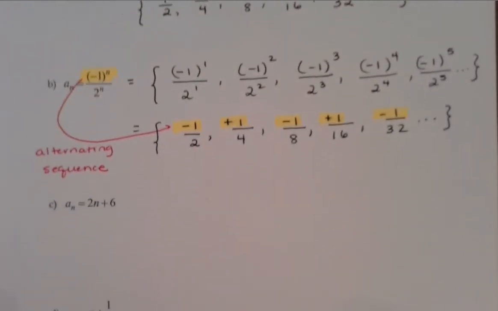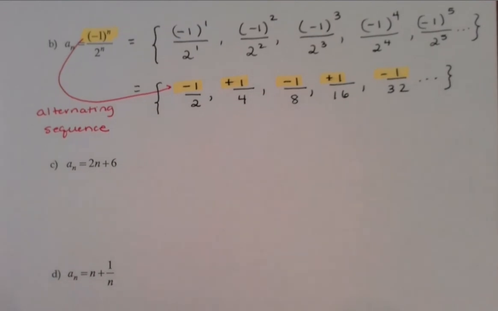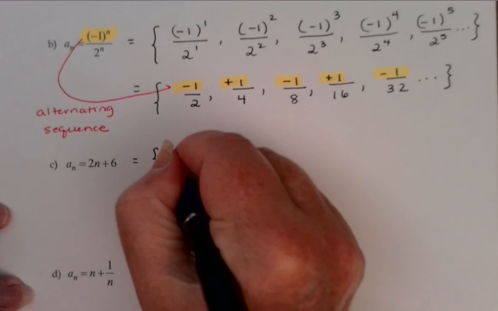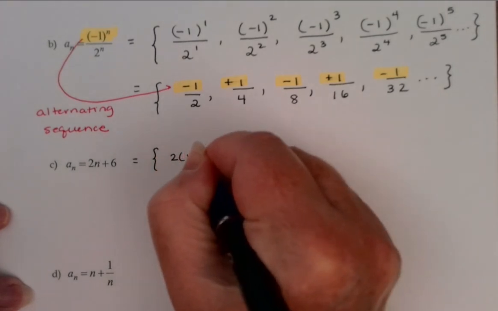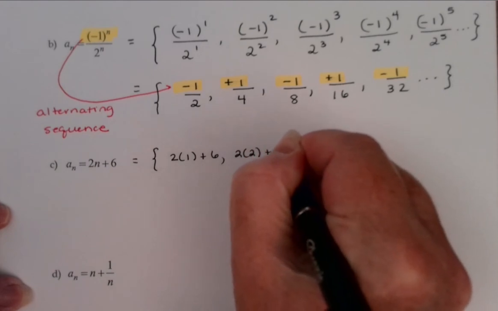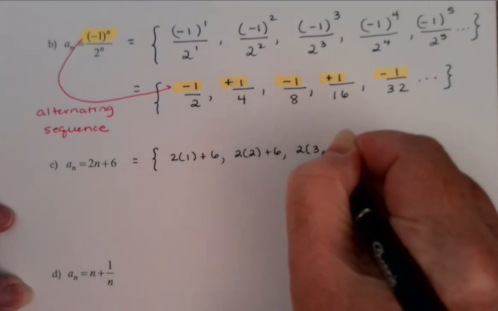All right, C. We want 2n plus 6 to be our explicit formula. So once again, I'm just going to plug in 1, 2, so on.